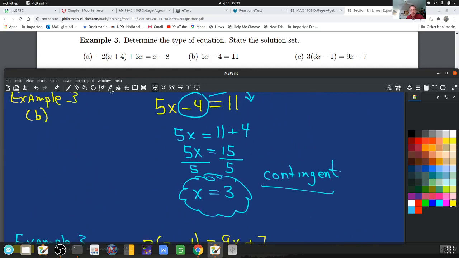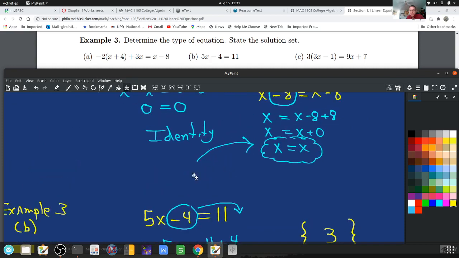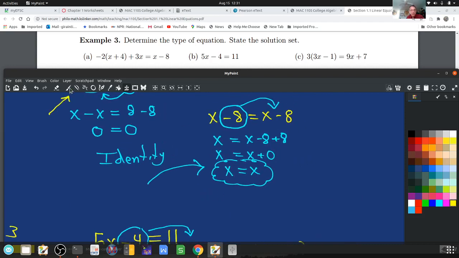Over here, in this case, our solution set, remember, these are set symbols, just contains one element, which is 3, and the one right before that is we discovered that every element is a solution.